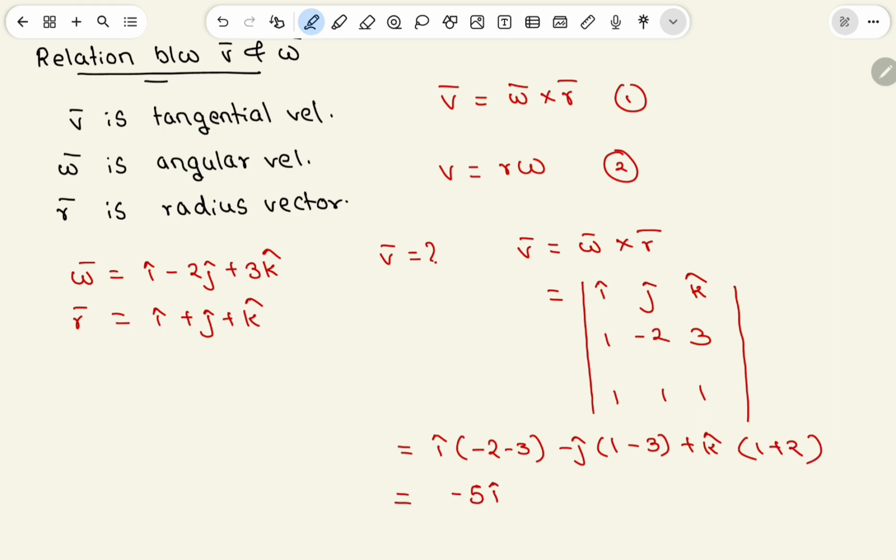So the answer comes out to be minus 5 i cap plus 2 j cap plus 3 k cap. And this is the answer for tangential velocity V bar. So these are the simple questions that they ask. The two relations that you need to remember are V bar is equal to omega bar cross r bar, and V is equal to r omega.